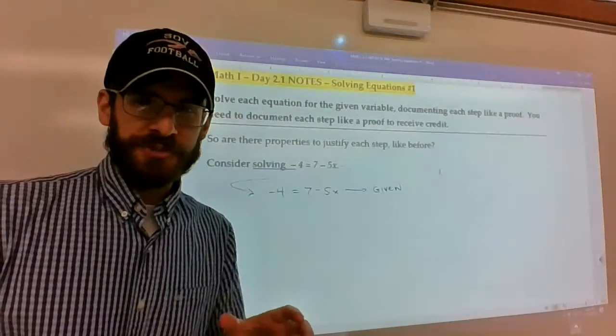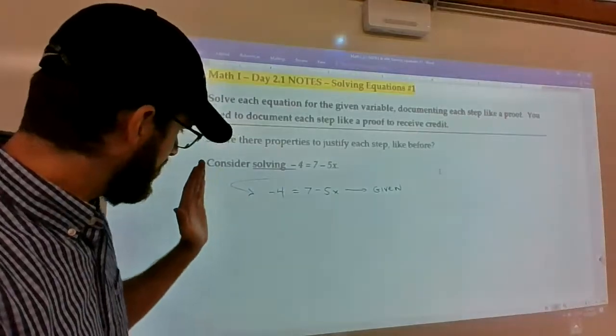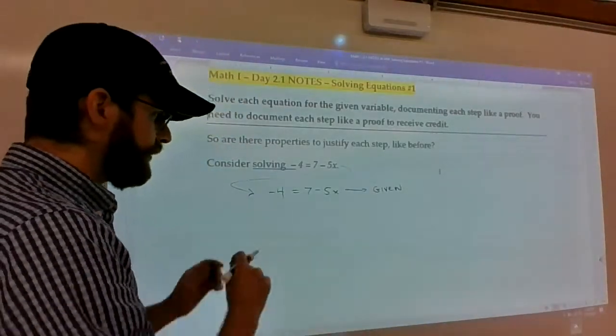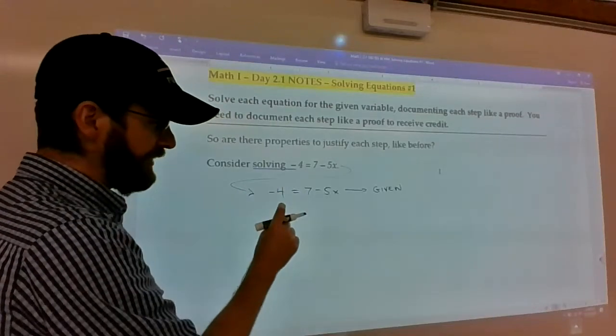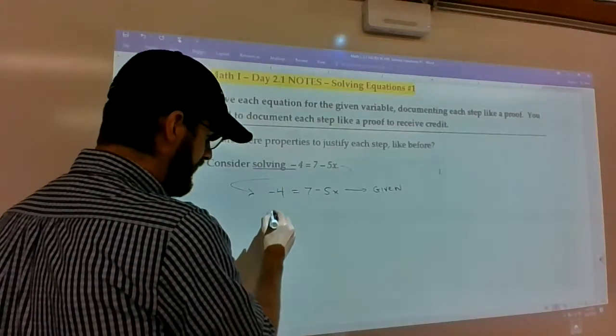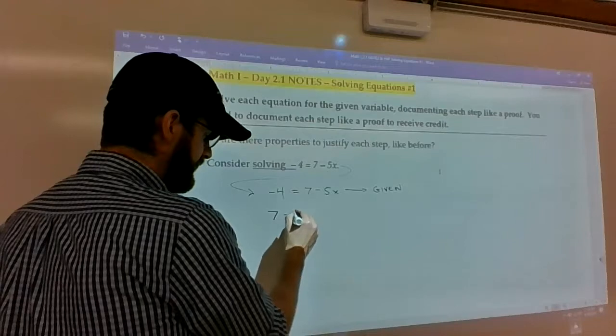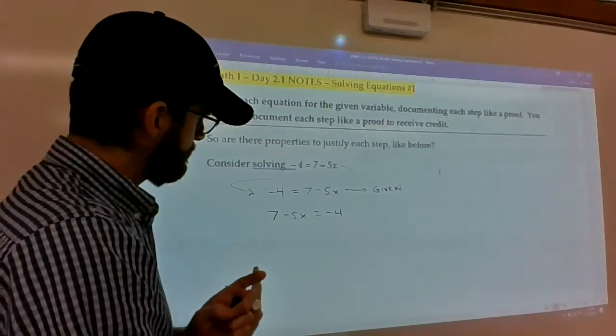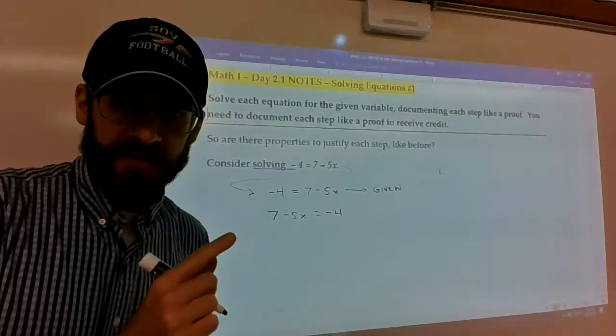Now, oftentimes when you see people solving equations, it's usually x equals a constant number. So in order to make that happen, I'm going to rewrite this where the right-hand side and the left-hand side switch around. And there's actually a property that justifies it.